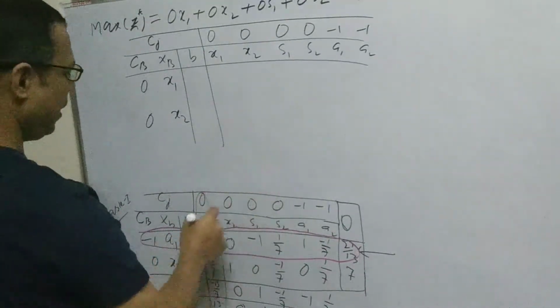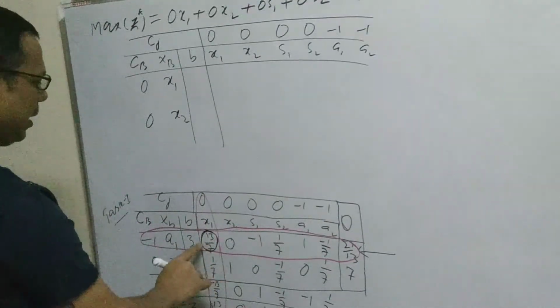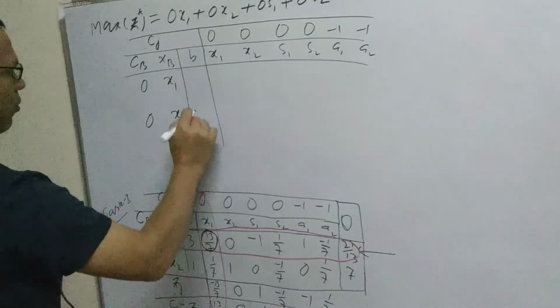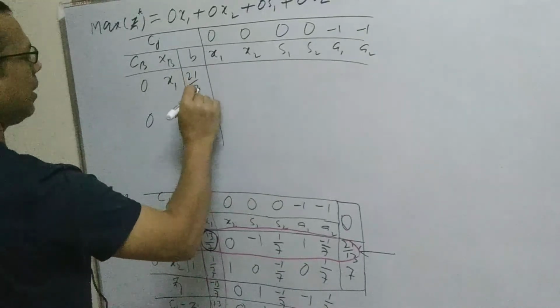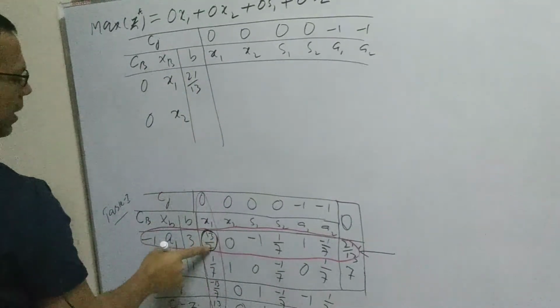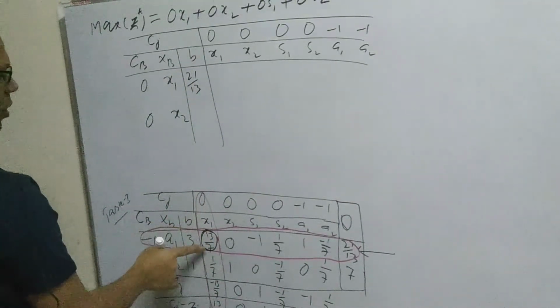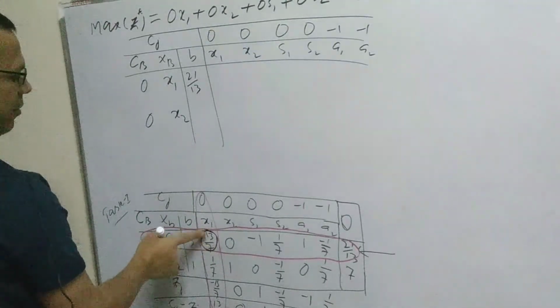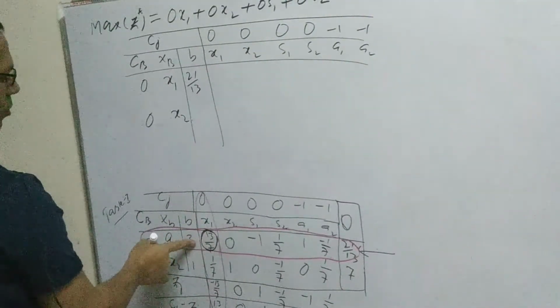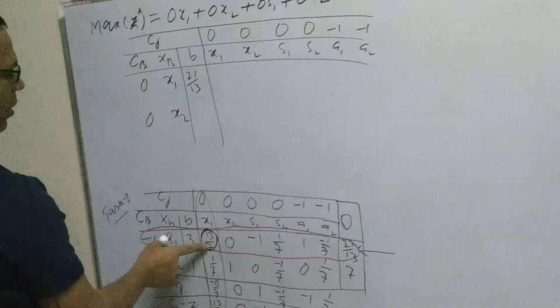So 3 divided by 13 by 7, so 7 into 3, 21 by 13. If you divide this one by this one, automatically it's the reciprocal rule. In the multiplication it will get reversed. So 7 into 3, 21 divided by 13.